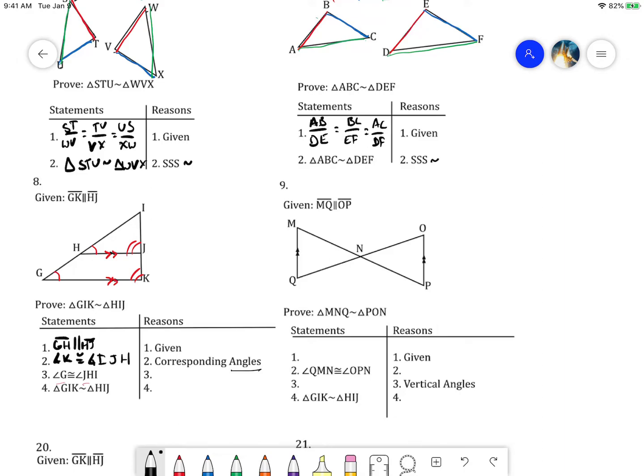Now our third step said angle G is congruent to angle JHI. Right? Why is that true?